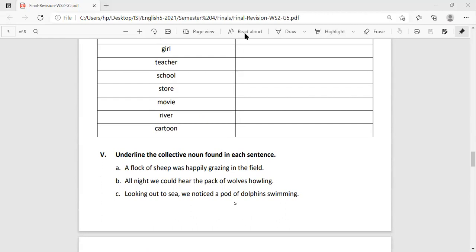Okay? When I say collective, do you still remember what I mean by collective? It comes from the word collect. A group, excellent.